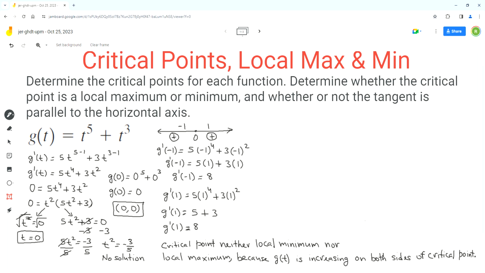So this is how you can write your explanation for your answer. So now we are done with the second part.